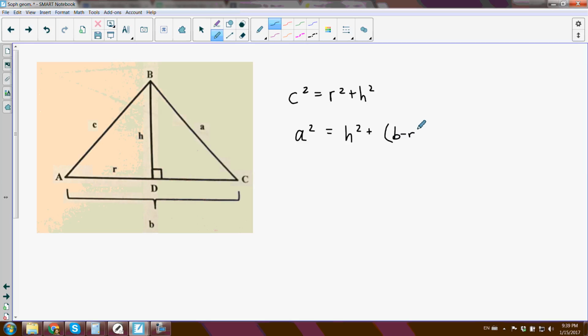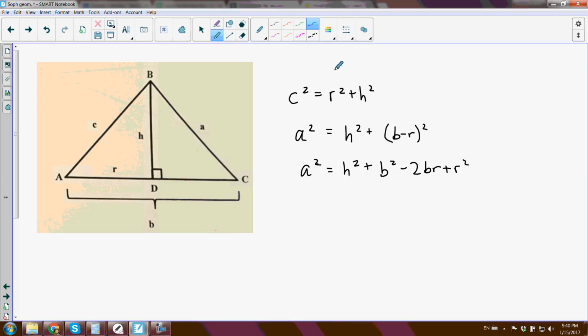So the b minus r length squared. So that's h squared, and we expand this to get b squared minus 2br plus r squared. Well, so a squared equals this.